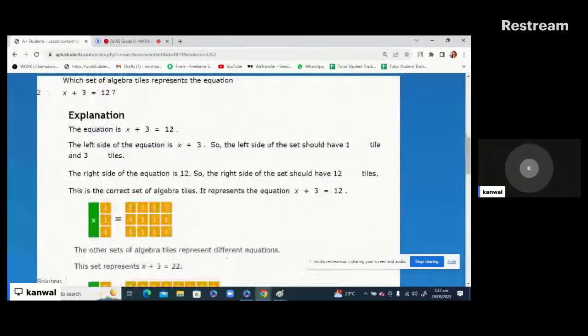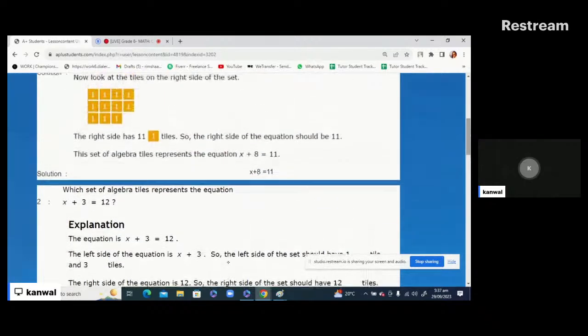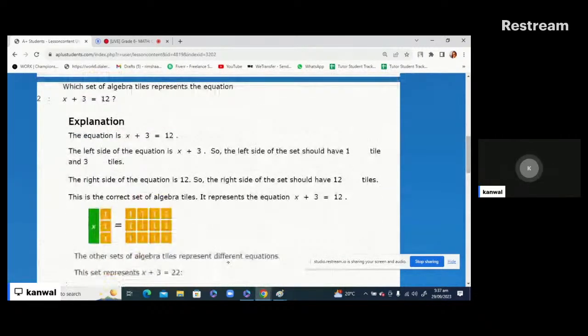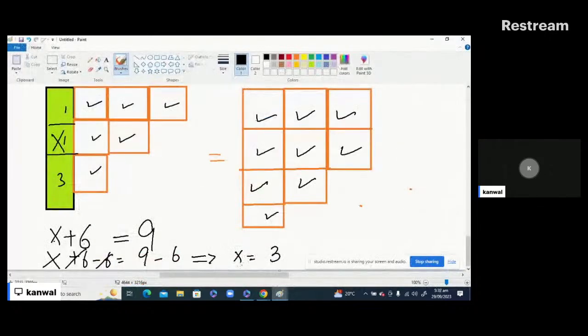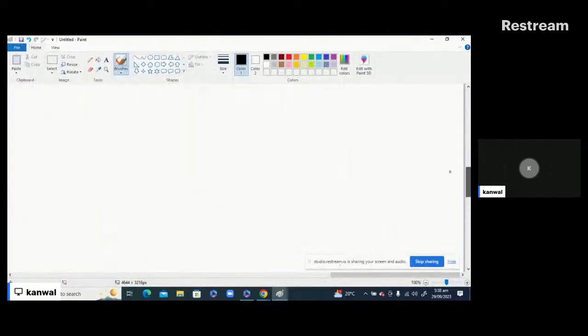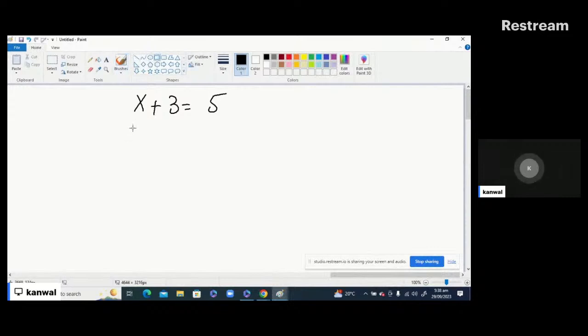Okay, so which set of algebraic tiles represents the equation? Here it is basically x plus 3 equals 12. Okay, the equation is given. Let's draw that shape. x plus 3 equals, for example, 5. So here is your x.